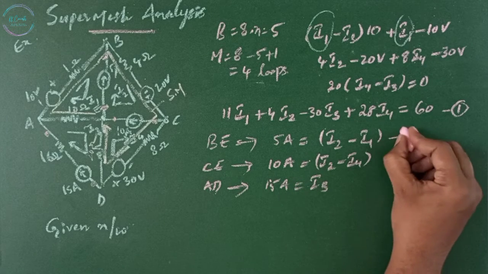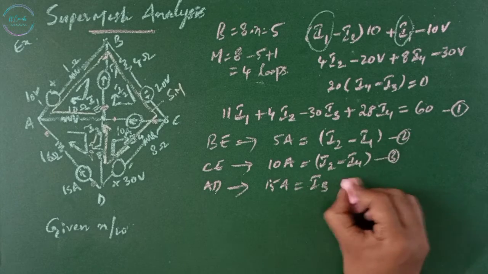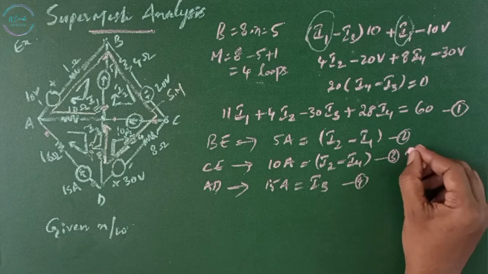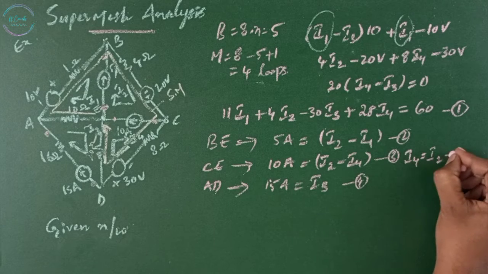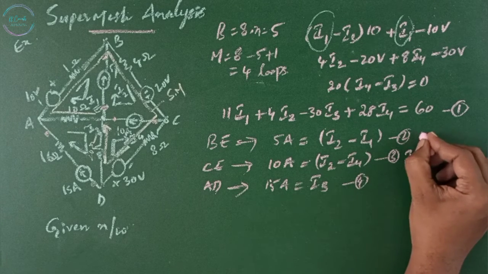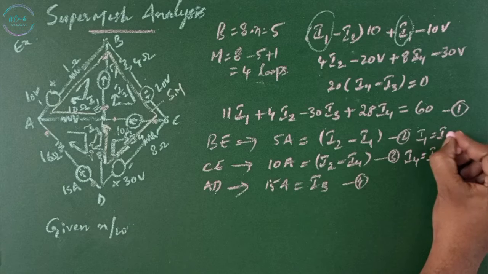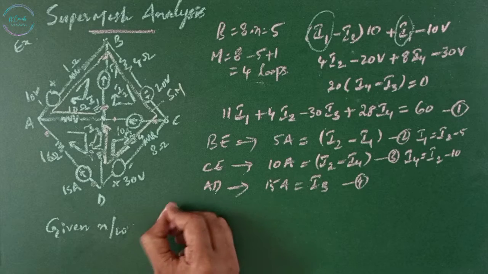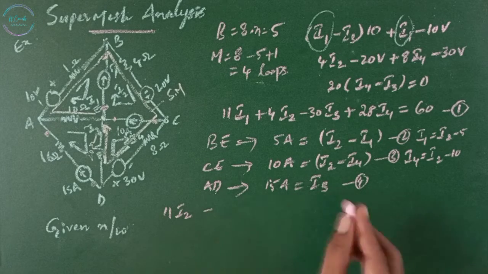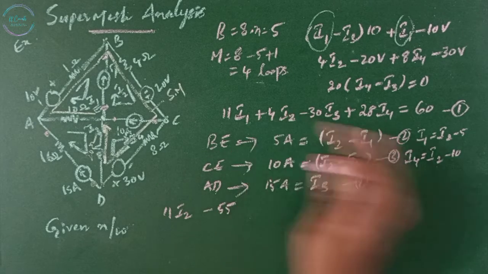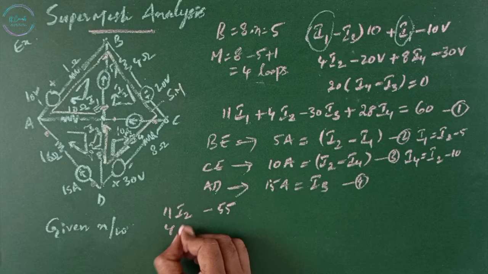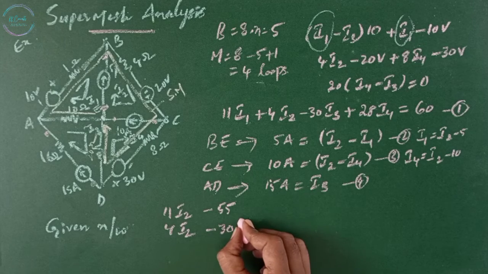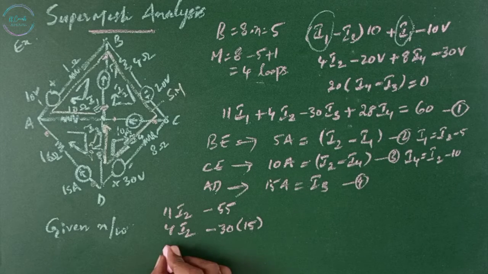So we have 4 mesh equations from which we need to find the currents. From these, I4 equals I2 minus 10 amps and I1 equals I2 minus 5 amps. Substituting, we get 11 I2 minus 55. Substituting the I1 value, 4 I2, and I3 is 15, so minus 30 times 15, plus 28 I4.